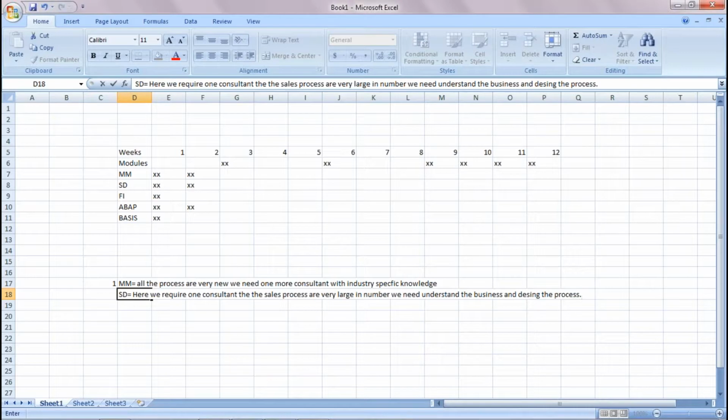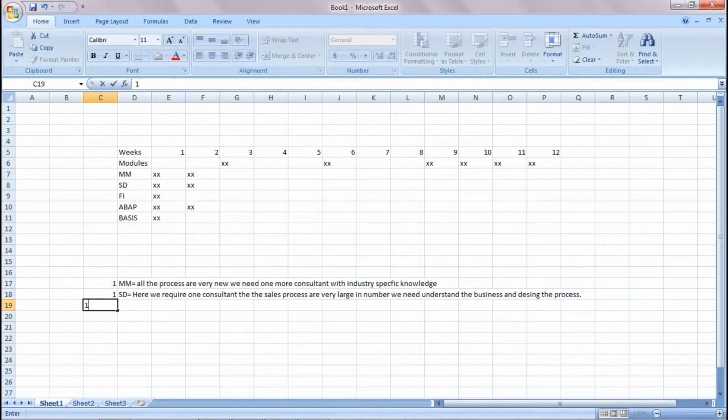We need to understand the business and design the process accordingly. Why? Because in SD they have all new people and very large processes. Some companies use some processes, somebody says we have all these processes, please configure things like this. So they have to understand the business and design the process according to the client requirement. They need one more consultant. Okay, no problem, consultant given.